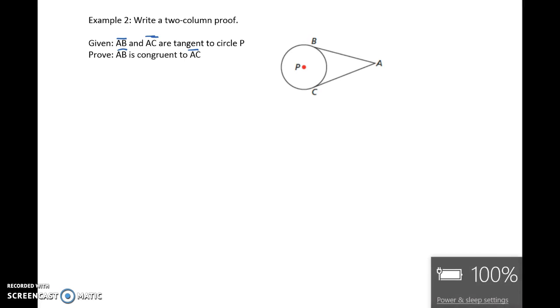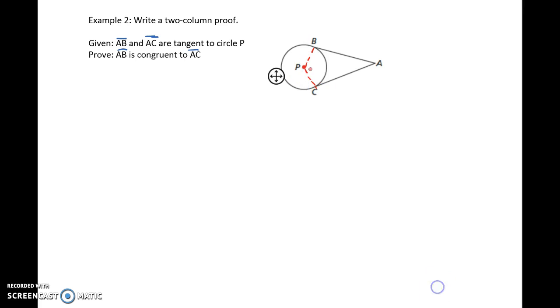So what I can do is I can draw in a couple radii, because I know radii are measurements in a circle, and then I can draw in this extra PA. And why do you think that would be useful? Because PA is reflexive. So hopefully you guys are thinking CPCTC, congruent triangles.